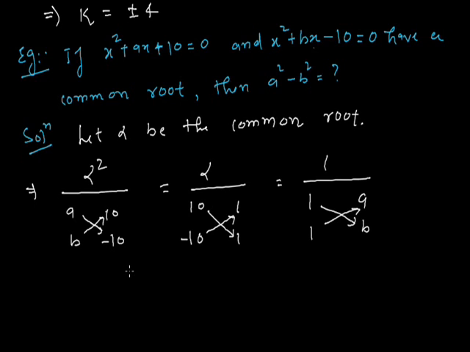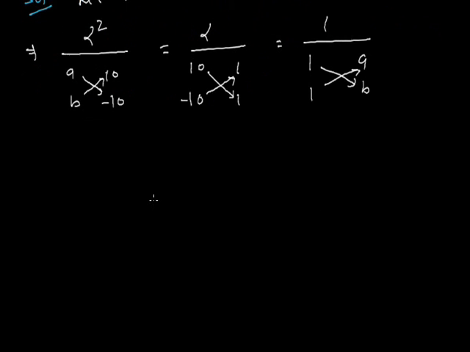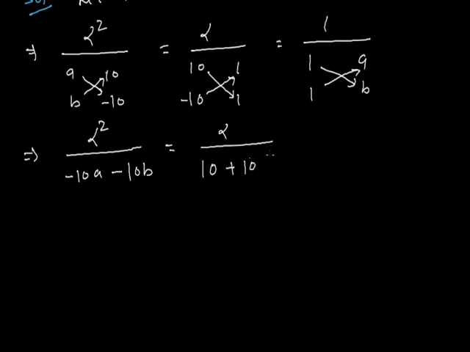Here we are again using the method of cross multiplication to find the value of alpha and to establish the relationship between a and b. Alpha square upon minus 10a minus 10b, and alpha upon 10 plus 10, 1 upon b minus a.